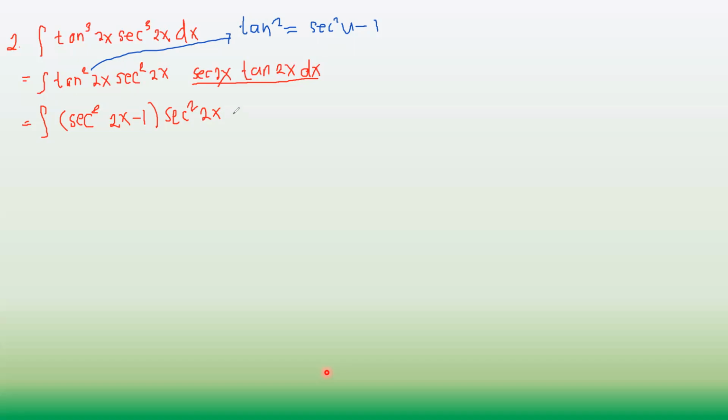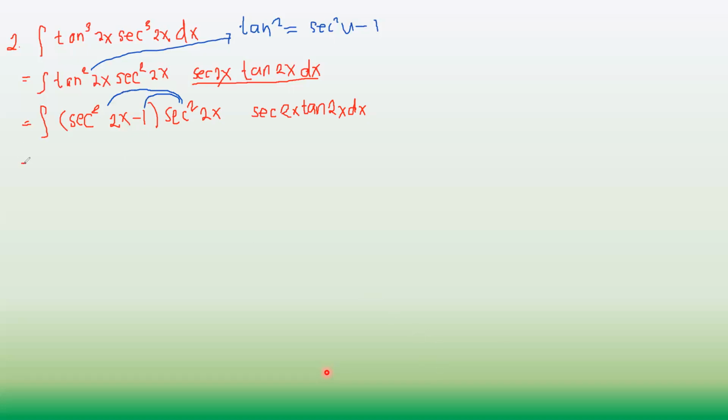Okay, so yung ating binukod, ito ay rewrite lang natin. Secant 2x and tangent 2x dx. Okay, doon muna tayo sa pag-multiply. Ayusin muna natin. So, multiply muna yung secant squared sa secant squared saka doon sa 1.